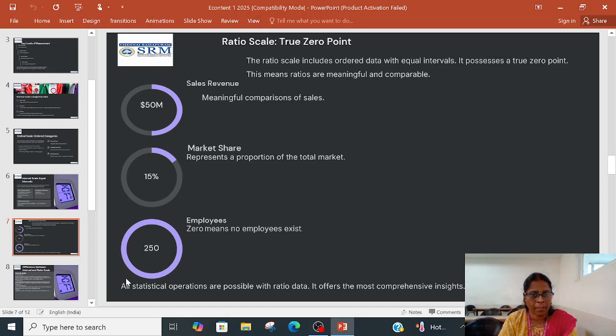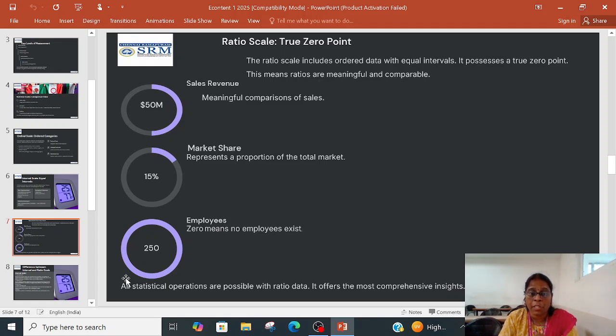Now, ratio scale. Here there is a true zero. Ratio scale includes ordered data with equal intervals, but it possesses a true zero. This means ratios are meaningful and comparable here. So, comparison of sales will give sales revenue. Proportion of the total market will give market share.